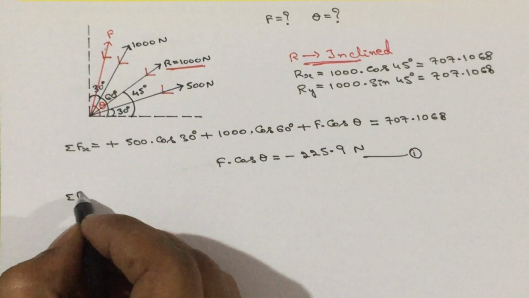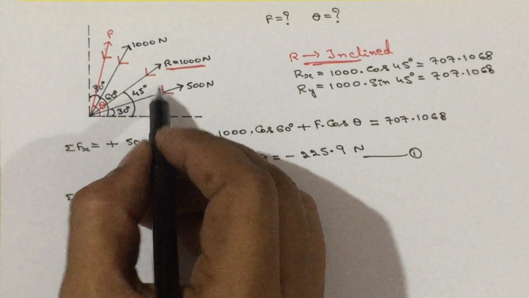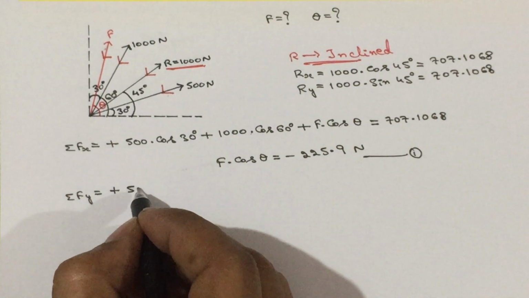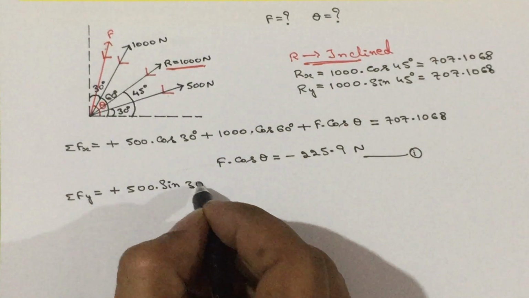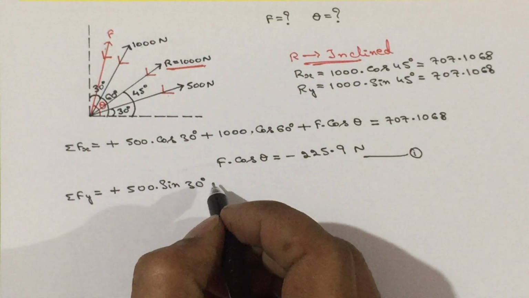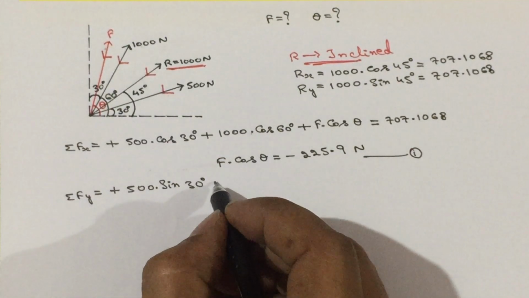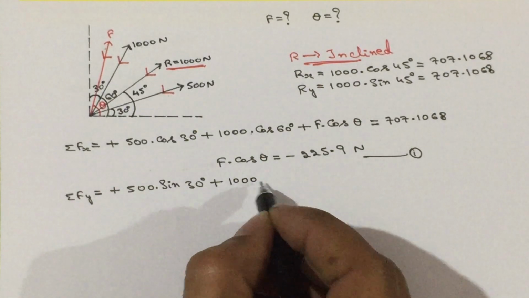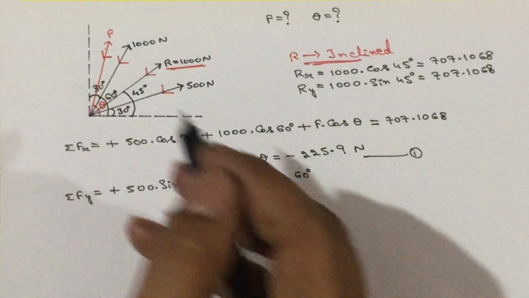Then calculate sigma fy. So it will become, horizontal component leave it, vertical component upward plus, so F sin theta. 500 into sine of horizontal angle 30 degree, then resultant force leave it. Then 1000, the horizontal component leave it, vertical component it is upward positive, that is 1000 into sine of horizontal angle 60 degree.